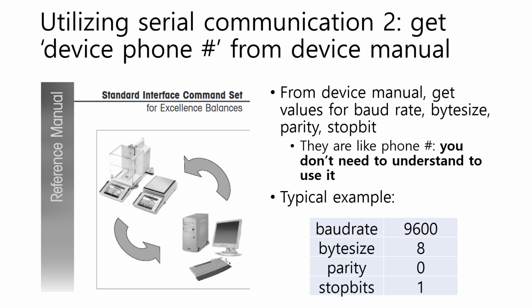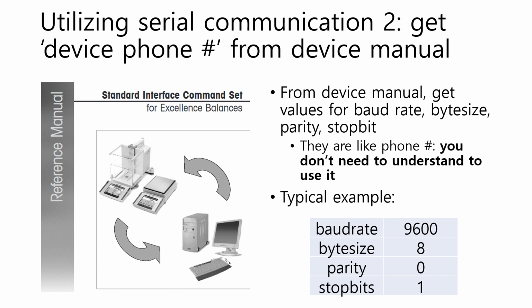This information is like phone numbers through which the device can be communicated. Specifically, you need to get information about four things called baud rate, byte size, parity, and stop bits. These are like four different components of the phone number, and you don't need to understand what these four mean to use them. Typical example values for these four things are shown in this table.